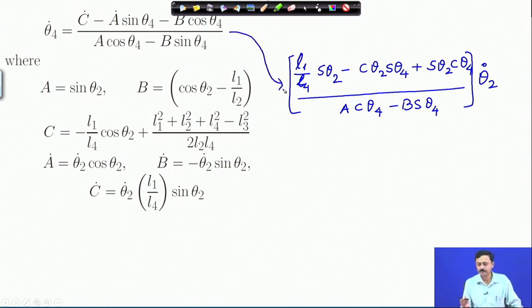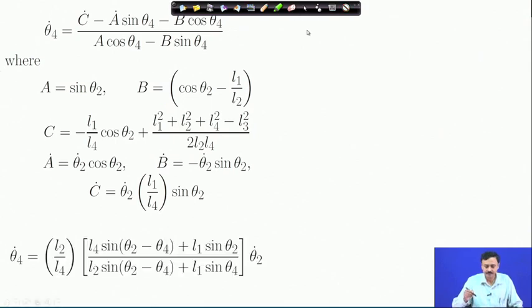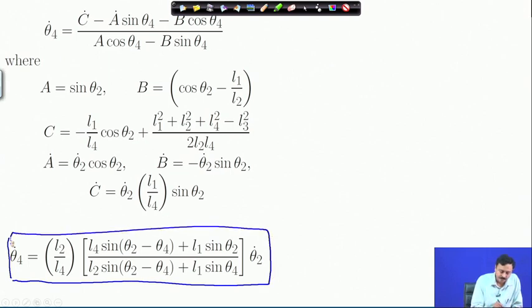So, it follows from here. And I can replace this A and B once again from these expressions. So, once I do that and I simplify, I have this final expression which relates theta 4 dot and theta 2 dot in terms of theta 2 and theta 4.